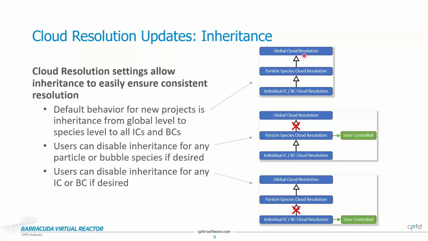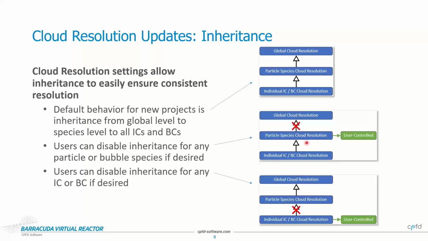While the default approach should work well most of the time, there will be situations where more fine-grained control of cloud resolution is needed. We've designed the inheritance scheme to allow the user to control cloud resolution in very flexible ways. If a particle species needs more resolution, the inheritance can be broken for just that species, and then all ICs and BCs using that species can inherit that resolution.